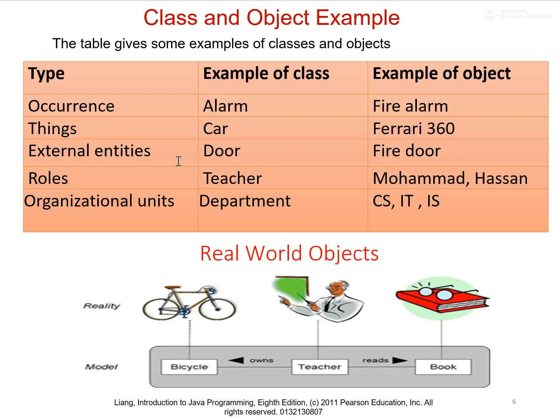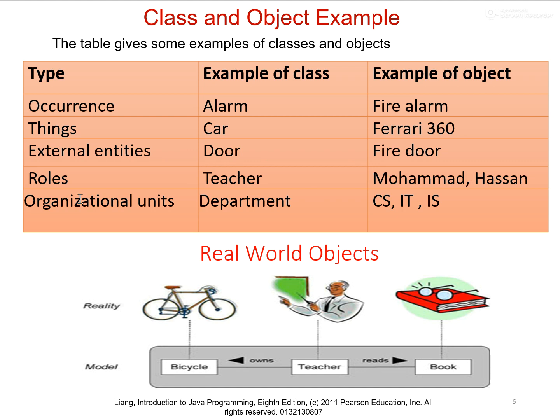Similarly, you could have a class called door, an example of which would be a fire door. You could use classes and objects to represent roles, such as the role of a teacher. Teacher could be a class, and an example object could be a specific teacher, such as Mr. Muhammad Hassan.